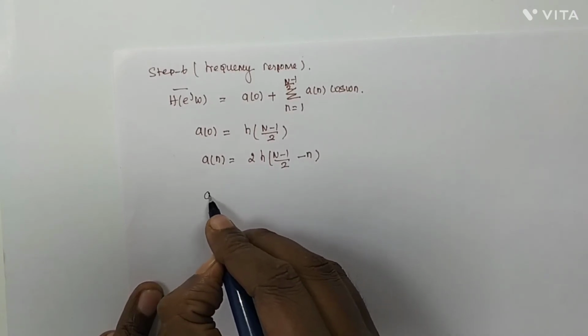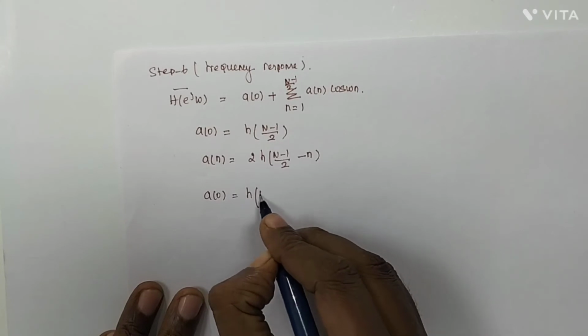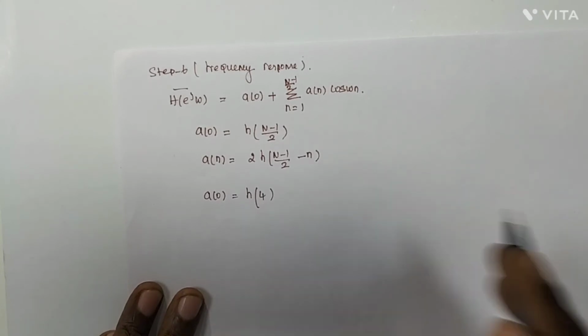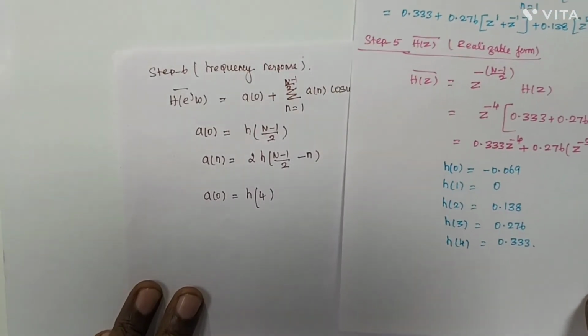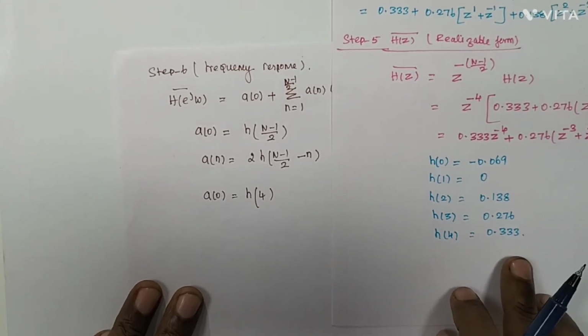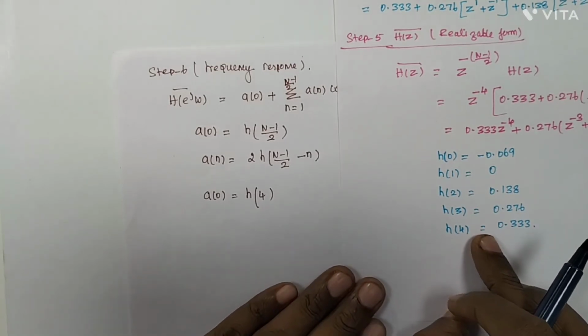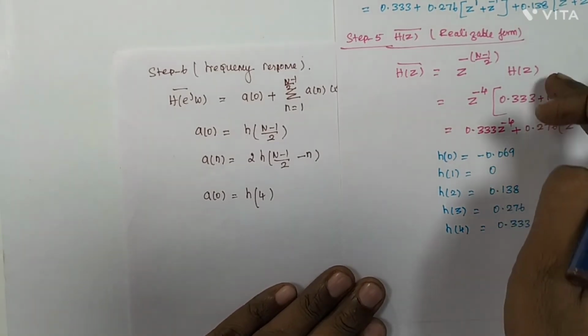By using this relation, you have to find the new filter coefficients for the frequency response. That is a of 0 is equal to h of n minus 1 by 2, that is h of 4. So what is the h of 4 here? The new filter coefficient has been arrived from the realizable form.